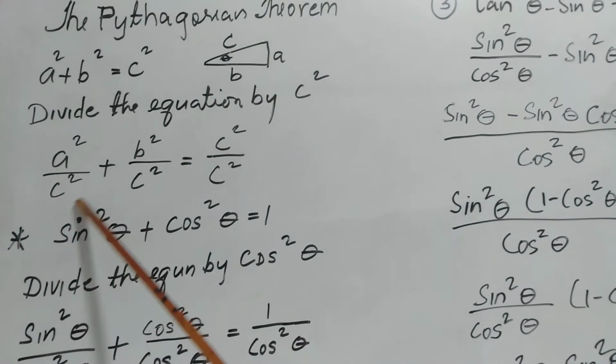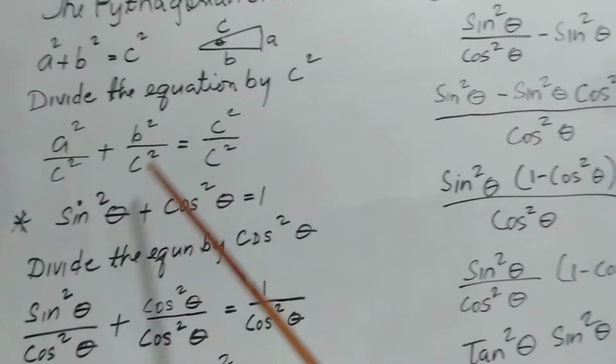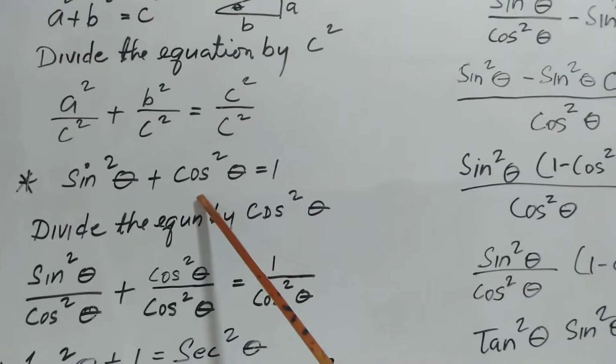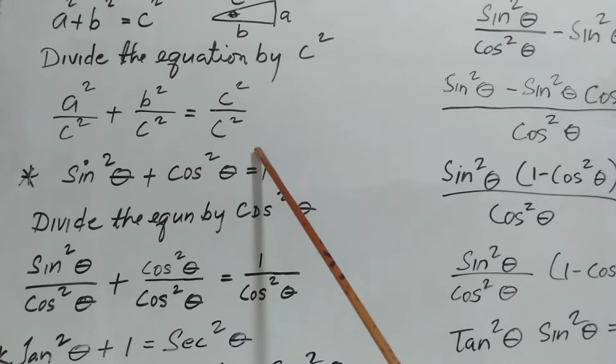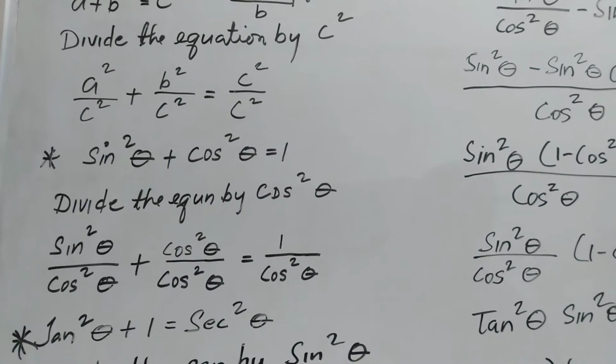So we convert this to sine squared theta plus cosine squared theta is equal to 1, since we've divided the whole equation by c squared.